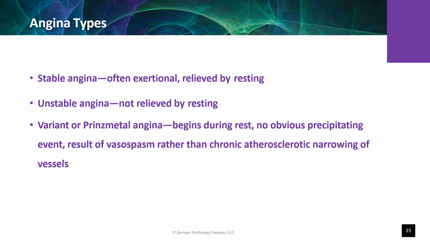Variant angina is triggered by coronary vasospasms. This can be treated using vasodilators like nitroglycerin. However, coronary arterial vasospasms are thought to be the primary event associated with triggering sudden cardiac death.